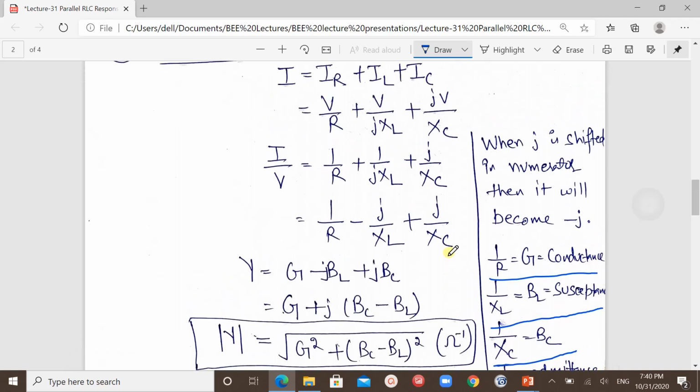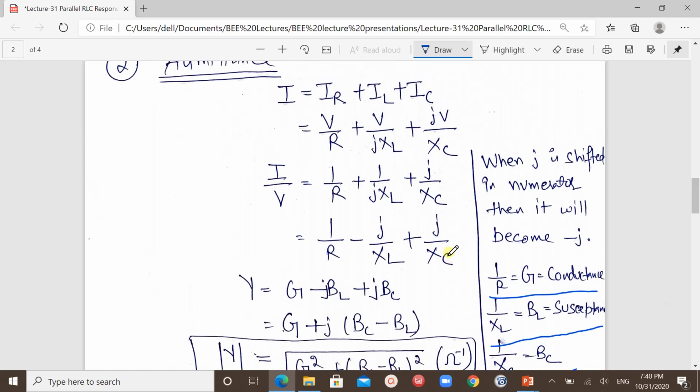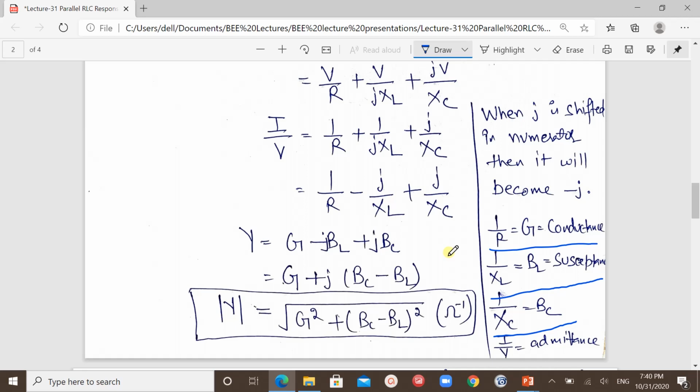Now, when j is shifted to the denominator, it becomes minus. So 1 upon R minus j upon XL plus j upon XC. It will be written as Y is equal to, because I upon V is equal to Y, which is known as admittance.